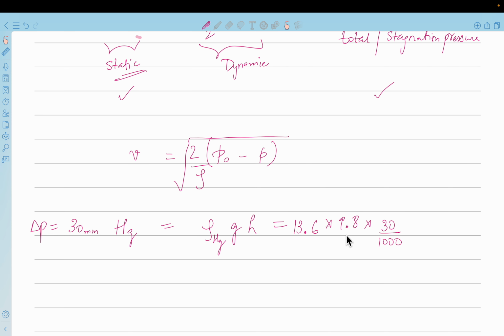So 13.6 times 10 to the 3 kg per meter cube. This is the correct units. And 9.8 meter per second square, and 30 mm is converted to meters, so 30 by 1000. So that's rho gh. So what is this delta P?